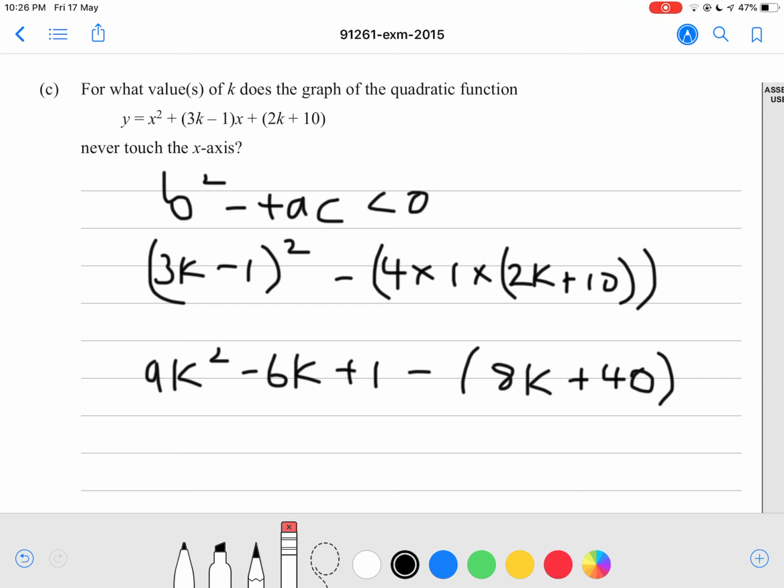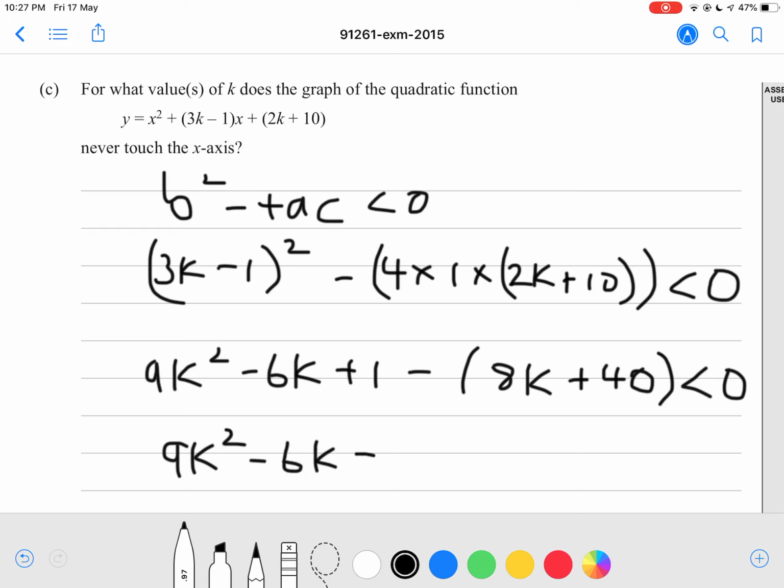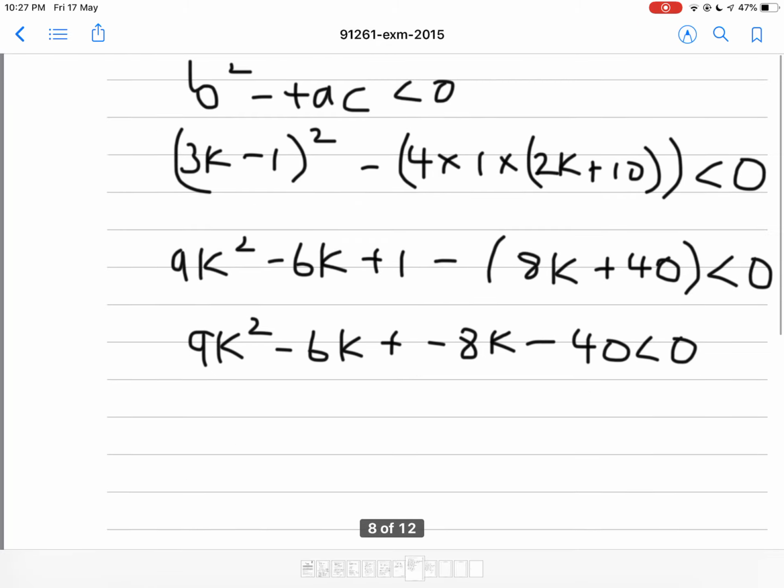What am I doing? So minus that, is less than 0. So we can say that 9k squared minus 6k plus 1 minus 8k minus 40 is less than 0.